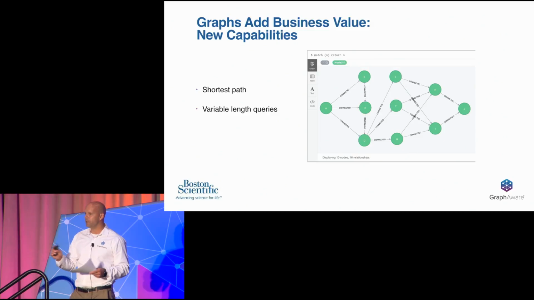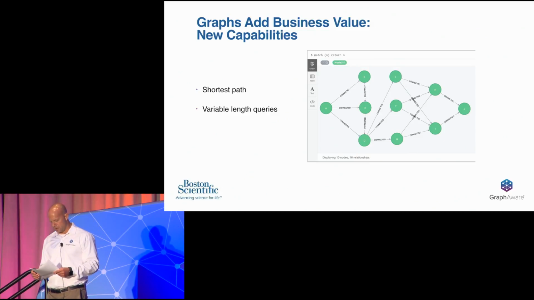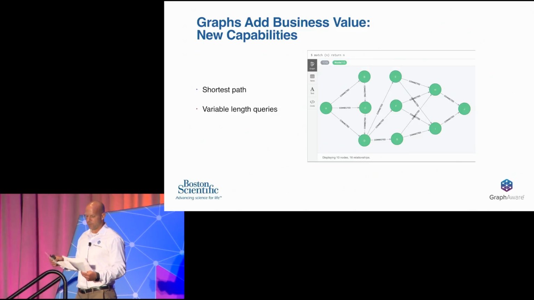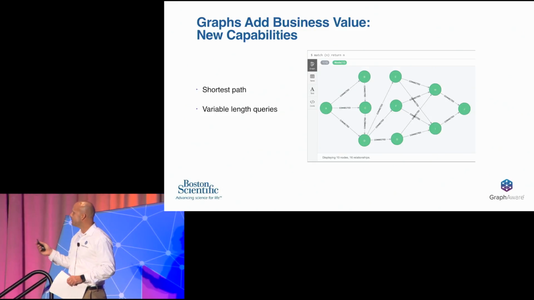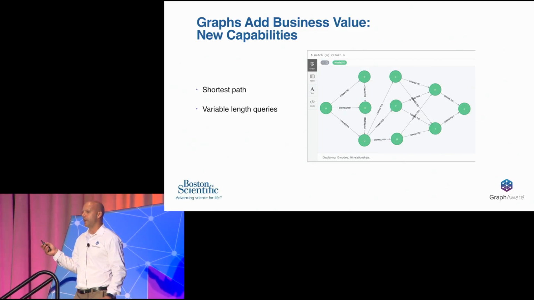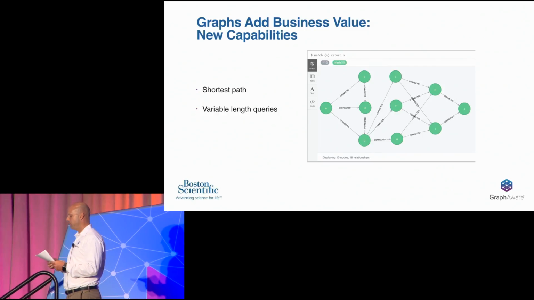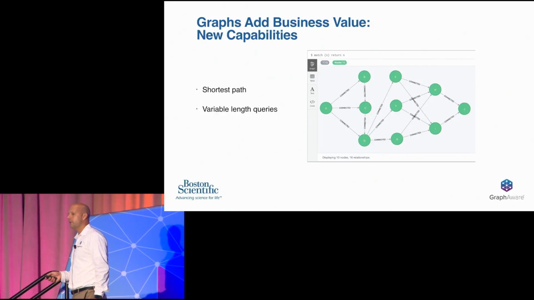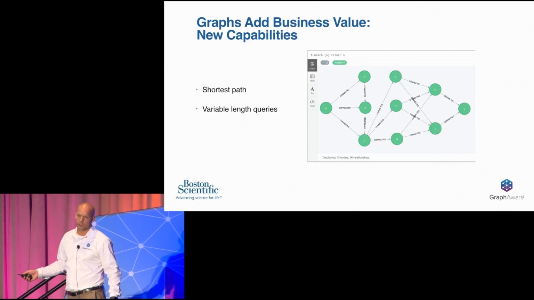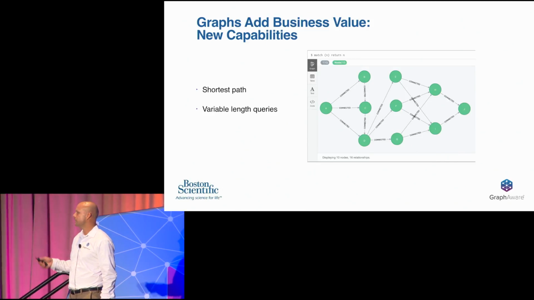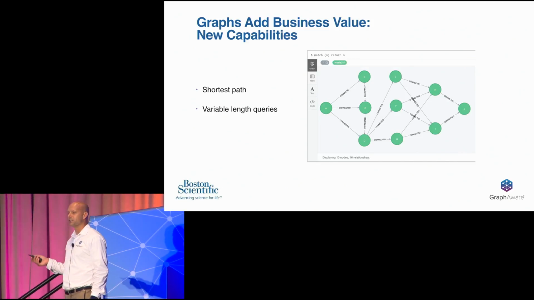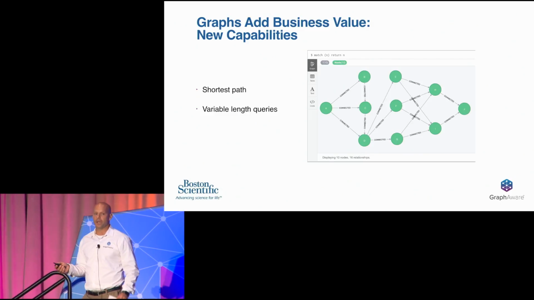And it's the ability to constrain or expand that data that's under analysis that is very powerful. So interestingly, both of these problems are actually very difficult to solve, shortest path and variable length queries, particularly as the size of the data set grows. But by no coincidence, these two problems are also strengths of a graph database like Neo4j.